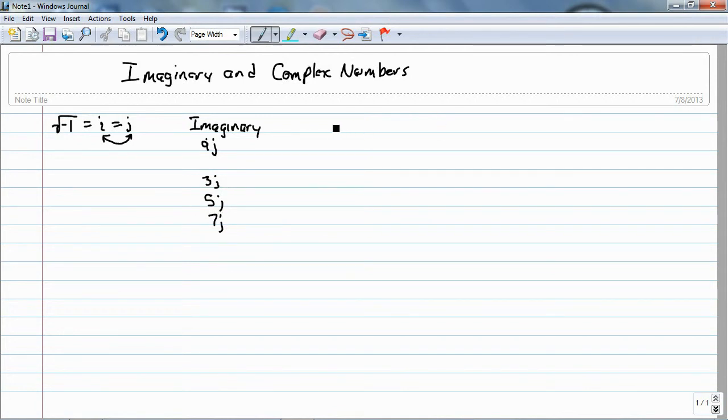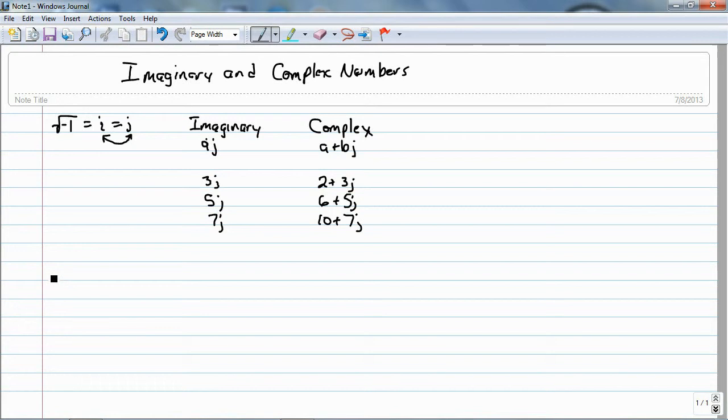If we have a complex number, well, that just has a real part added to it. So it's in some form of A plus BJ, and that could be 2 plus 3J, or 6 plus 5J, or let's say 10 plus 7J. It'll have a real part connected to it.